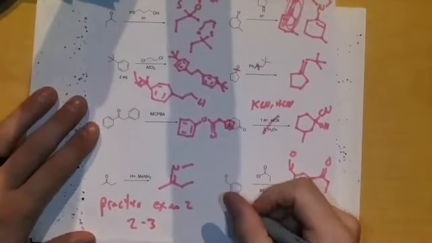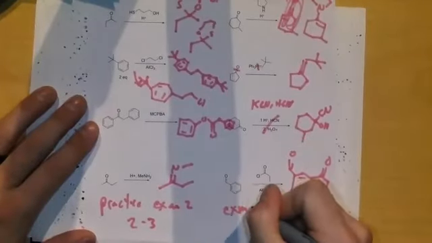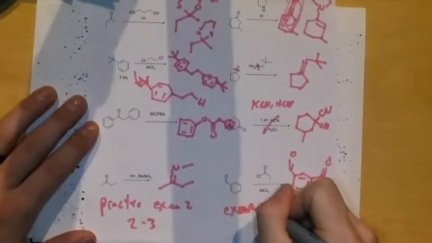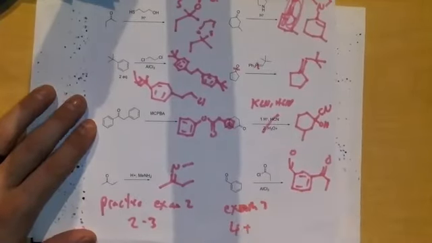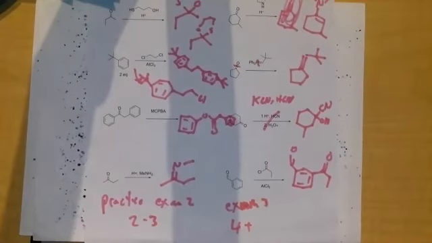And then for exam 3, maybe pages 4 onward. So we're not doing that page. The first page is the nomenclature and functional groups. We're going to be doing the stuff from exam 3, and then everything else is from exam 4. Okay, that is all I have for you guys.